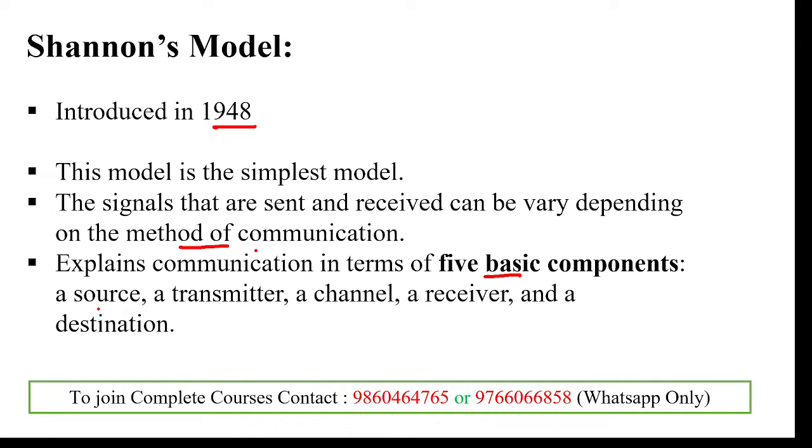First of all, the source, which is another name for the sender, then the transmitter, channel, receiver, and destination. So there are five basic components under Shannon's model: source, transmitter, channel, receiver, and destination.